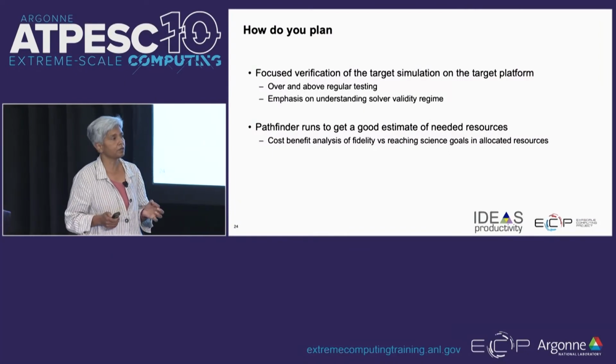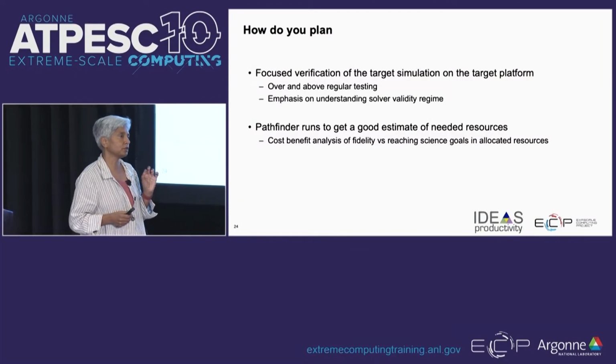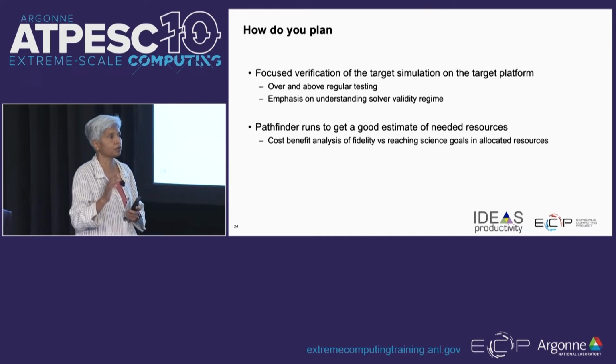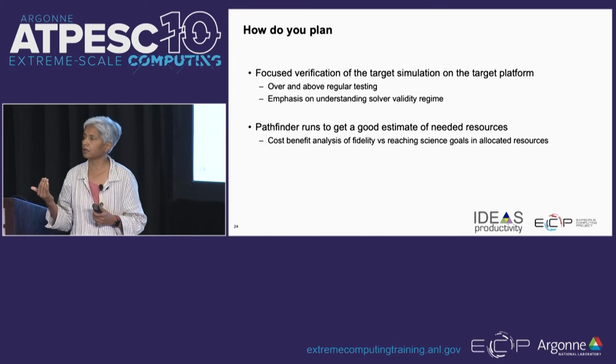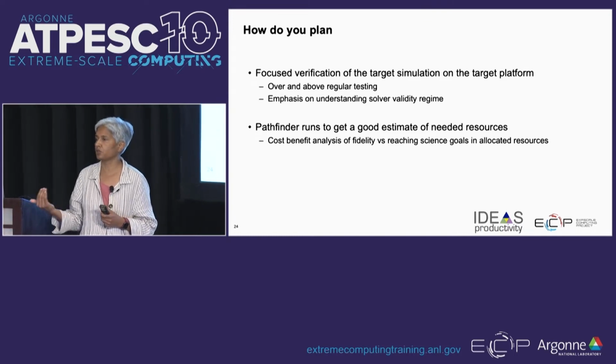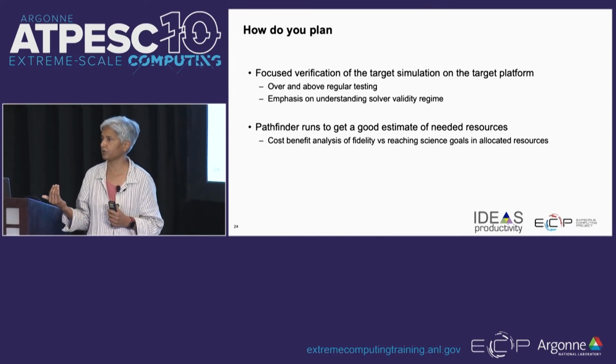In order to do that, you typically do what are called pathfinder runs, which are trying to mimic the way in which your code is going to be exercised during the actual study.